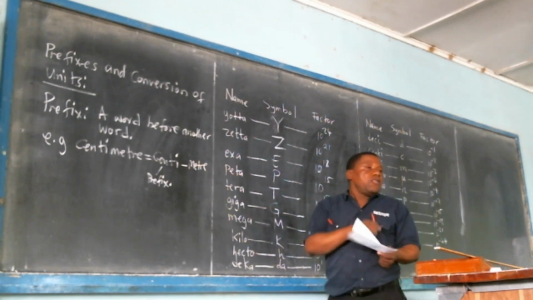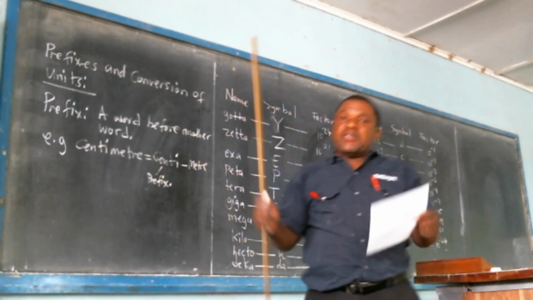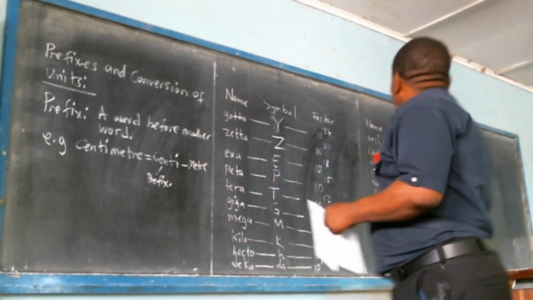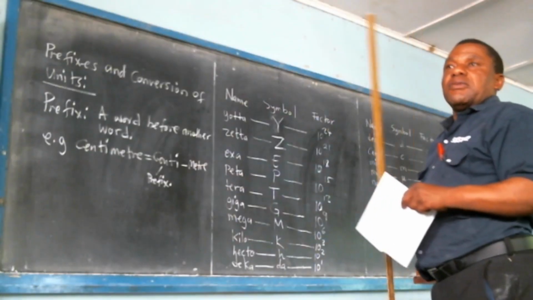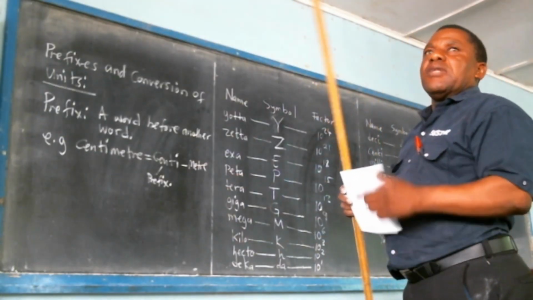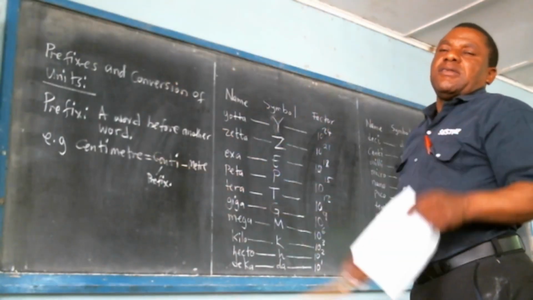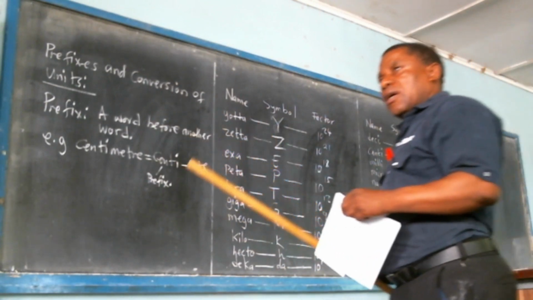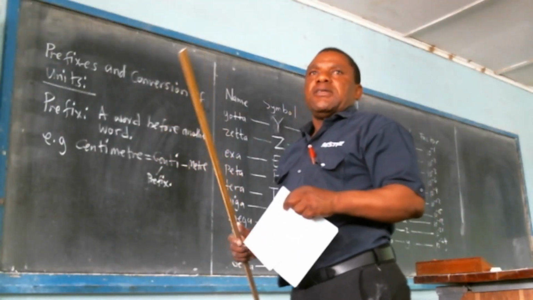They have negative indices. Negative indices or powers help to reduce the unit to which they are assigned.